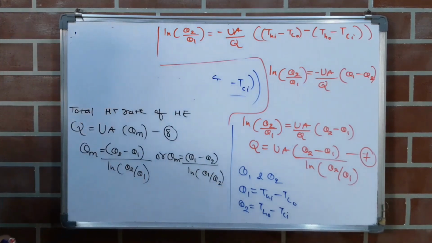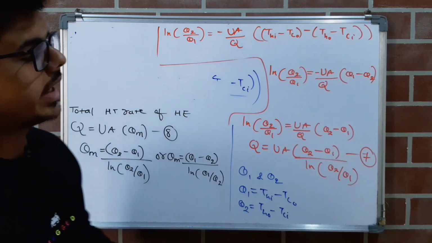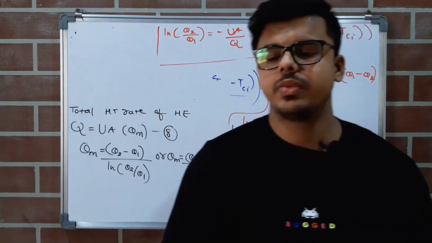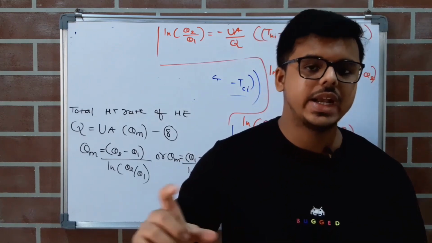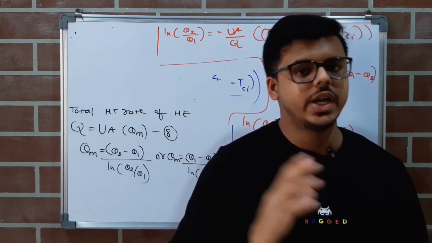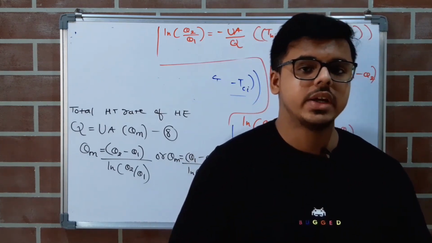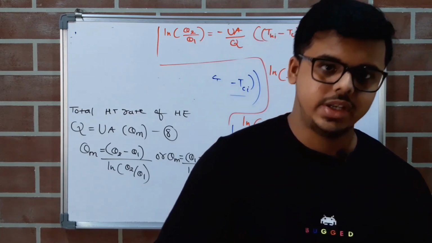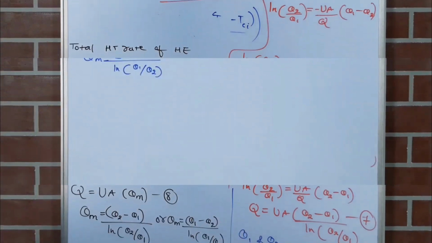So we got the same formula as in parallel flow, but the difference is that if you observe the graph correctly, the end temperature differences theta 1 and theta 2 can be taken as approximately the same. Now the new thing starts, so just observe it.